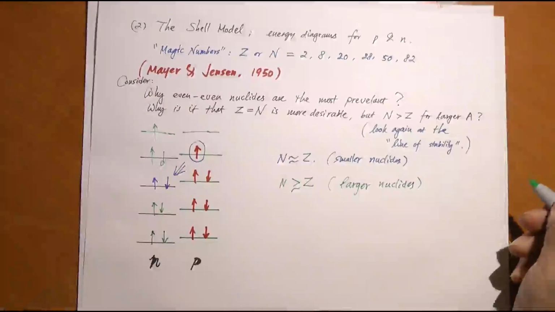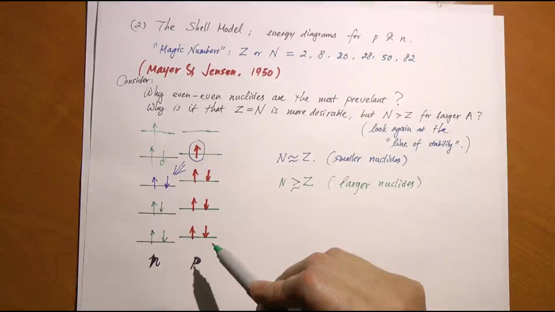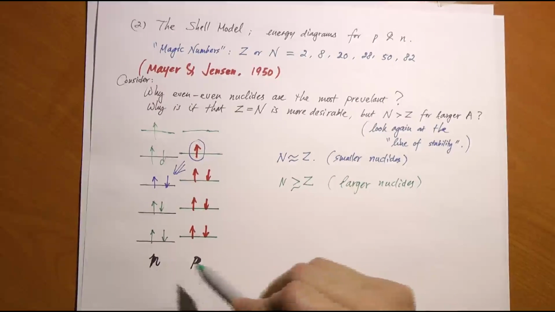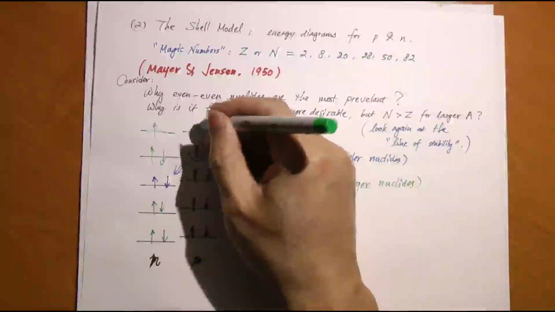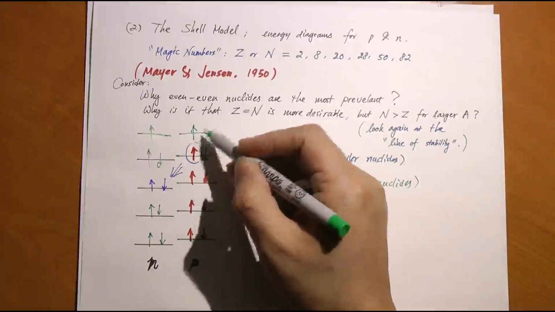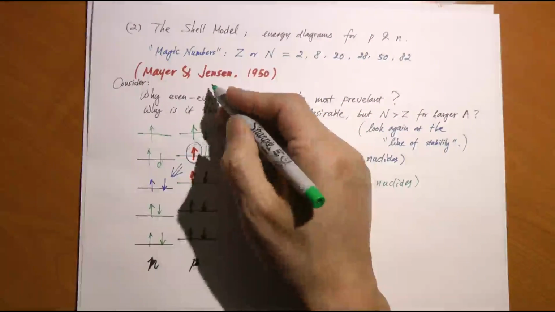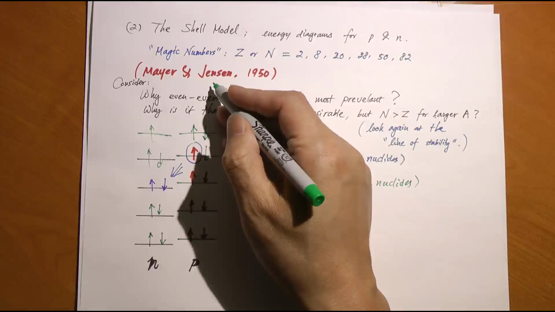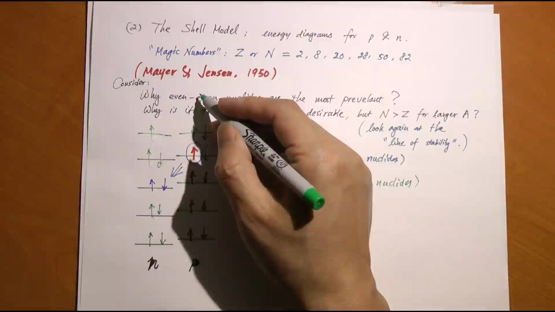It also explains why even numbers are the most stable. Even number means you have even number of Z and even number of N. Because you see, I already have it here. That's an odd number, right? I might as well put another one here because it doesn't have to go to any higher energy. If you have an odd number, that means the next one has to go to the higher level.